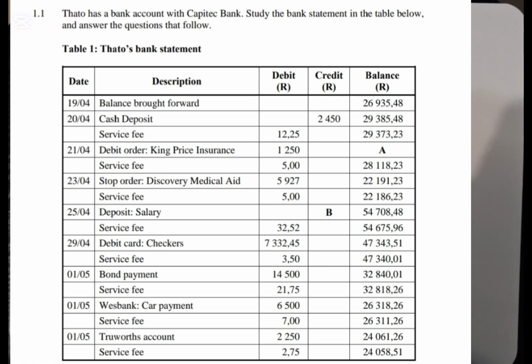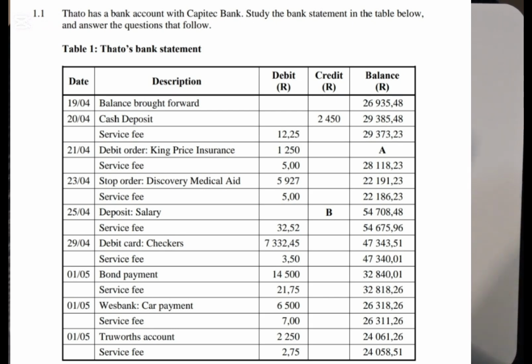Descriptions, we have the balance brought forward, which is 26,935 and 48 cents. This is the balance of the previous month. You should not forget that. The balance brought forward is the balance of the previous month. And then debit, money going out of the account, credit, money coming into the account.